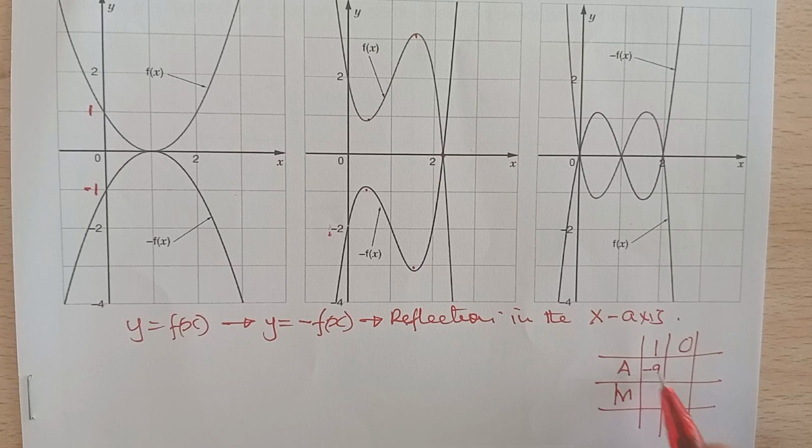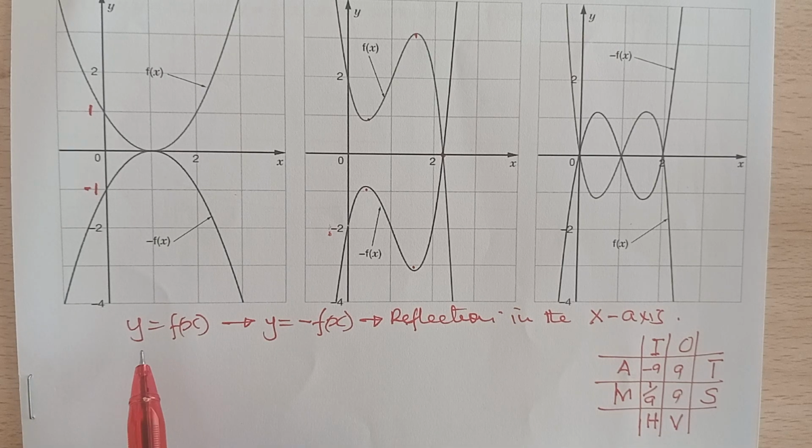This is -a, 1 over a. And I've always explained what is M, multiplication, what is A, addition, I is inside, O is outside, T is translation, S is stretch, V is vertical, and H is horizontal.